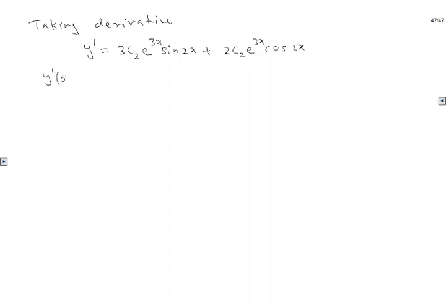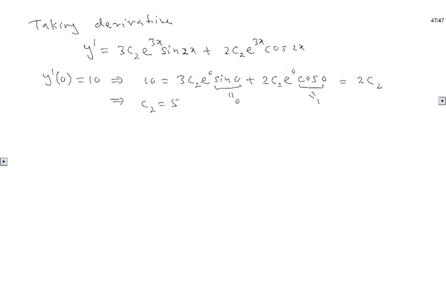Now y prime of 0 equals 10 gives you that 10 equals 3 c2 e to the 0 sine 0 plus 2 c2 e to the 0 cosine 0. Again, this is 0 and this is equal to 1. So you simply get 2 c2. In other words, c2 equals 5.